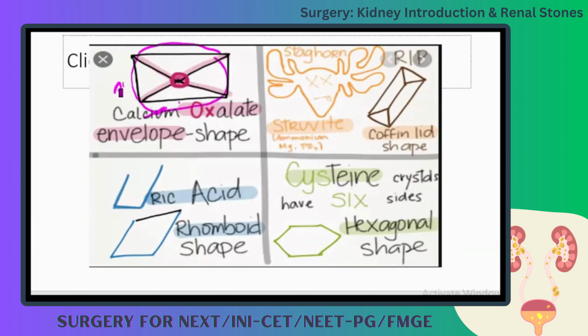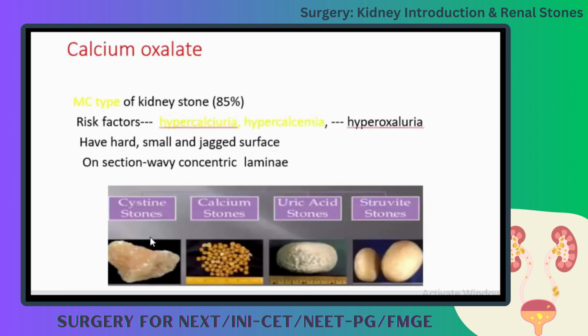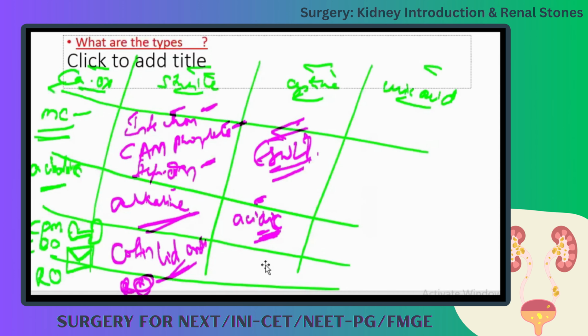It is calcium oxalate dihydrate. Staghorn, it is coffin lid. Cystine stones are hexagonal. And uric acid, we'll discuss. Okay, this is hexagonal. Cystine is hexagonal. And this is also radio opaque.